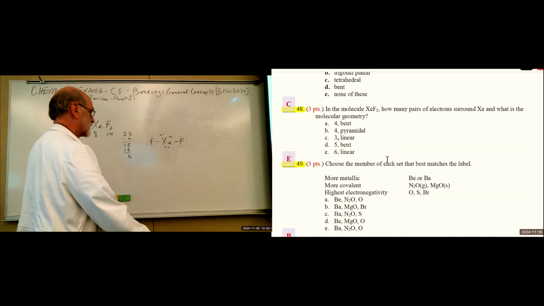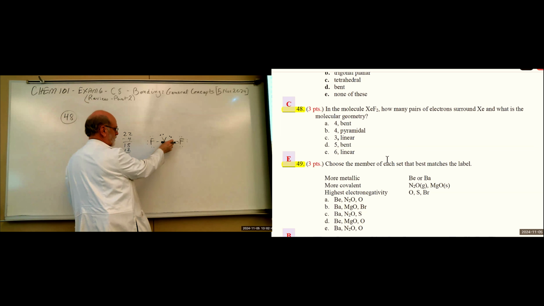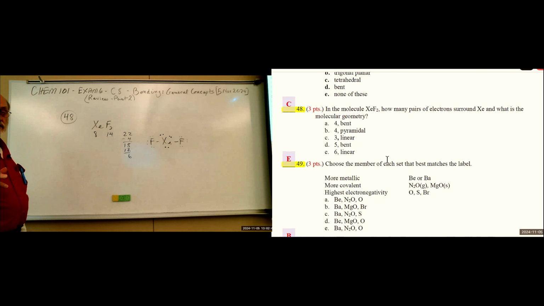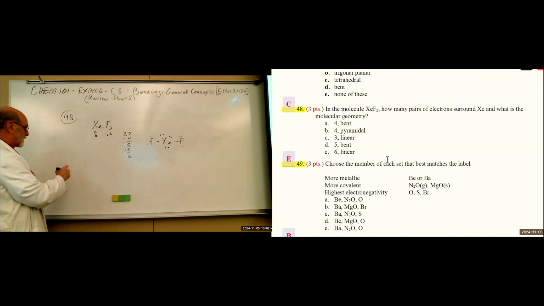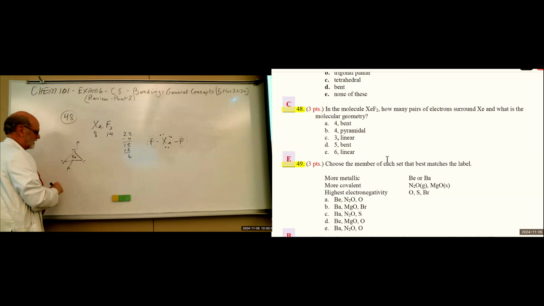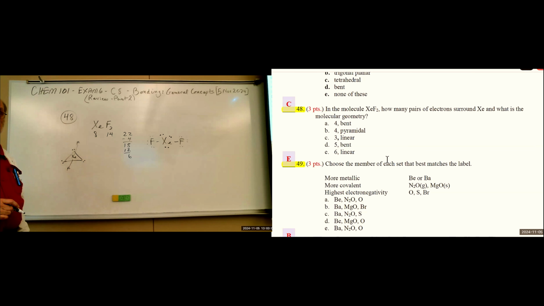Okay. So if we've got 5 groups around the xenon, electronically speaking, that's trigonal bipyramid. So we're going to have this triangle, and we've got 3 lone pairs on the triangle. Xenon's in the middle, and fluorine's up here, and fluorine's down here. So it's a linear molecule.